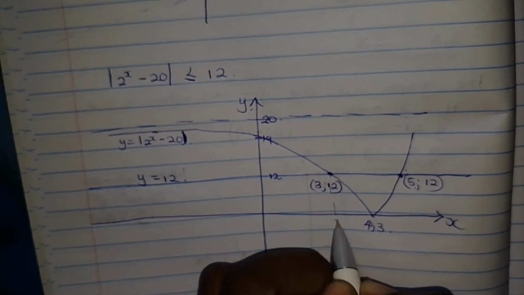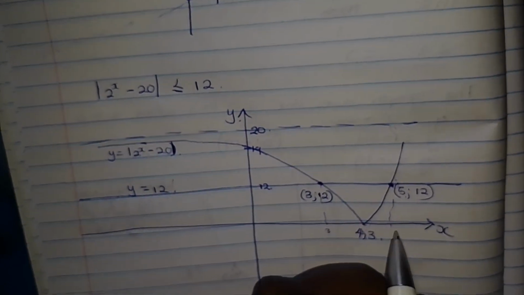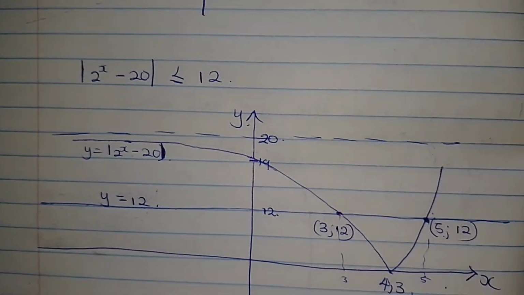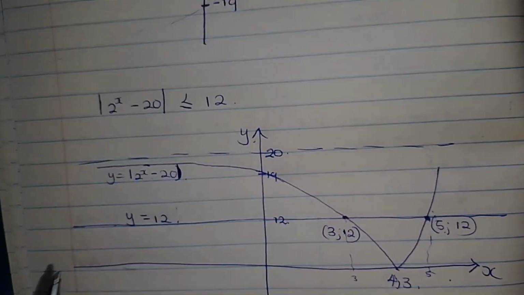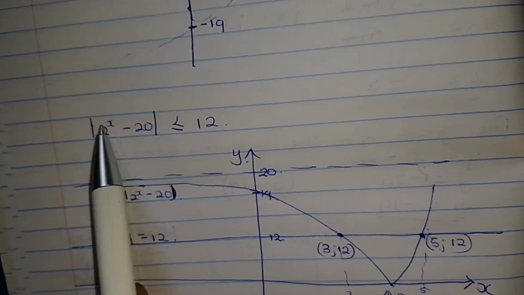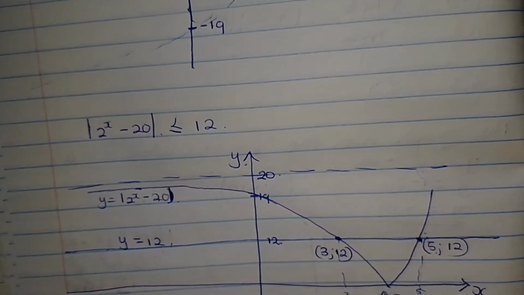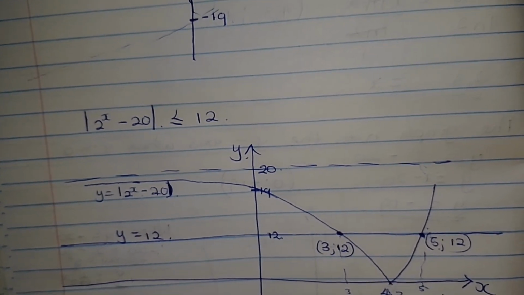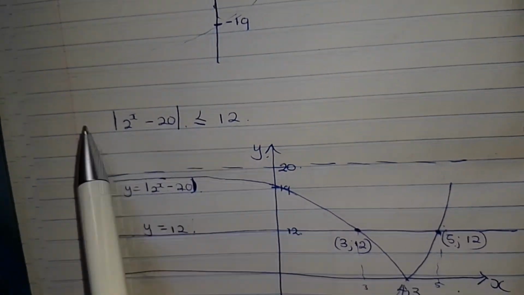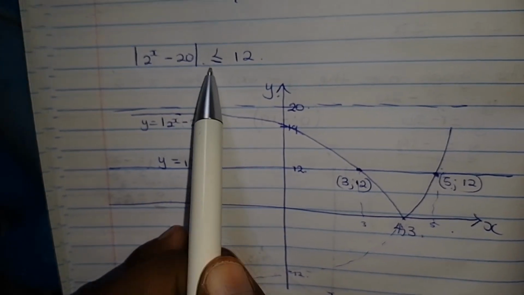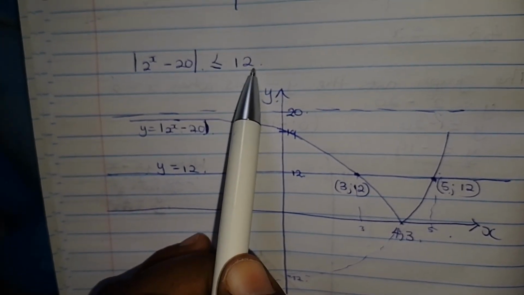It's 3 there, it's 5 there. So remember we want to solve the inequality: the modulus of 2 to the power of x minus 20 less than or equal to 12.